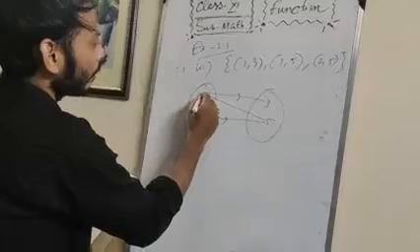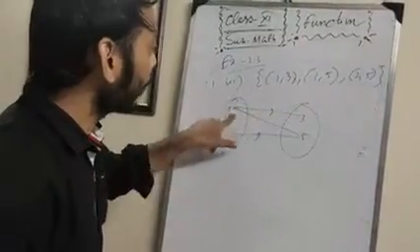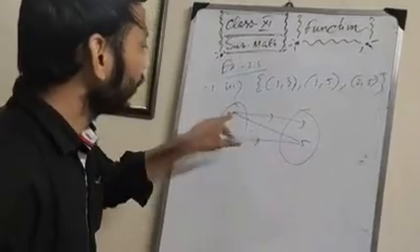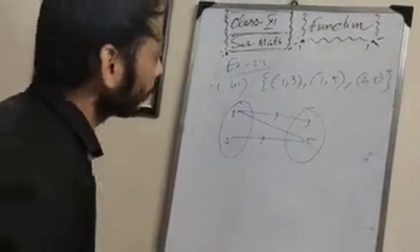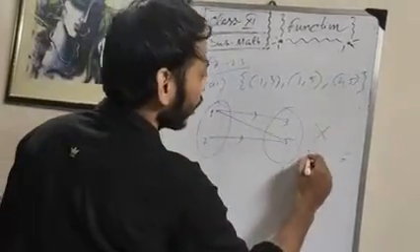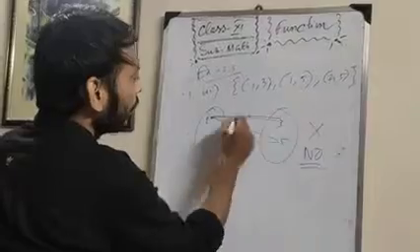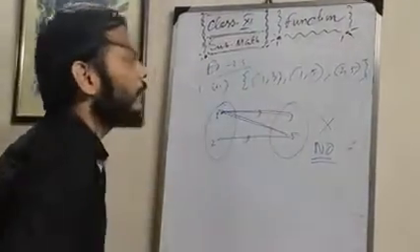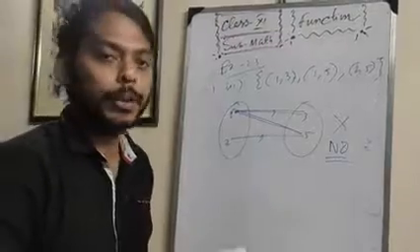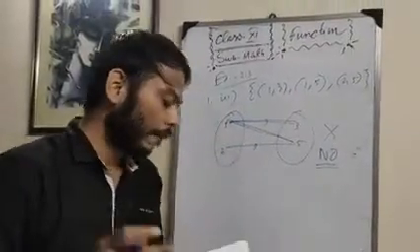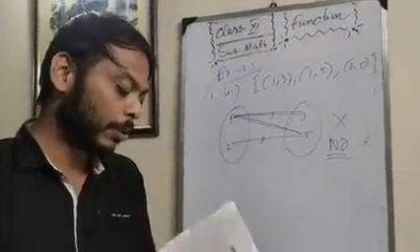A problem arises because 1 goes to 3 and 1 goes to 5, so it doesn't assign a unique element of the codomain. So this is not a function. So now the question has been solved.